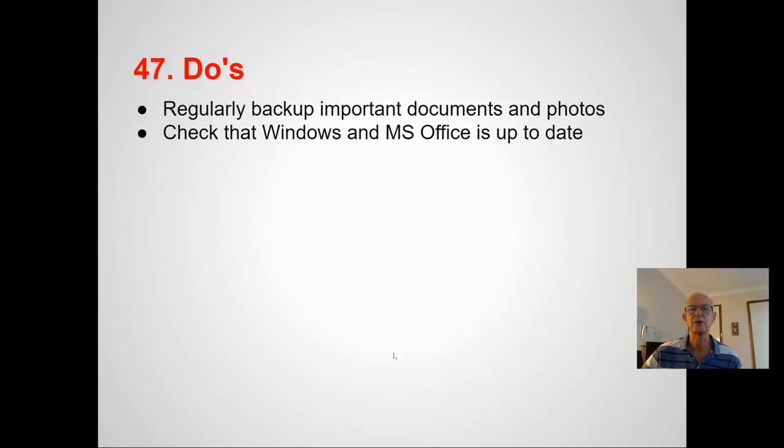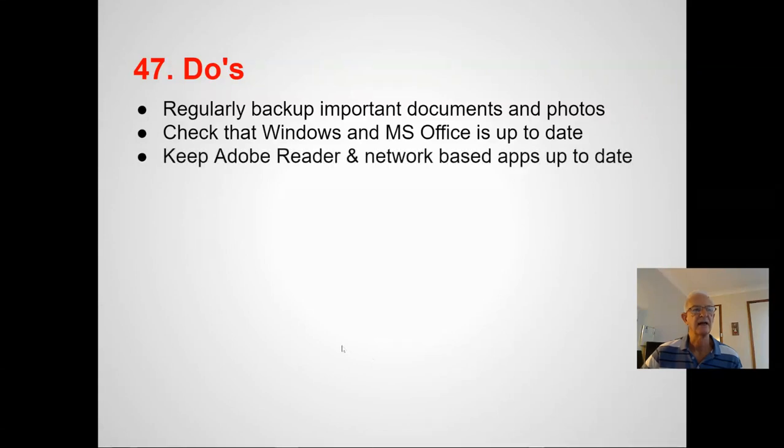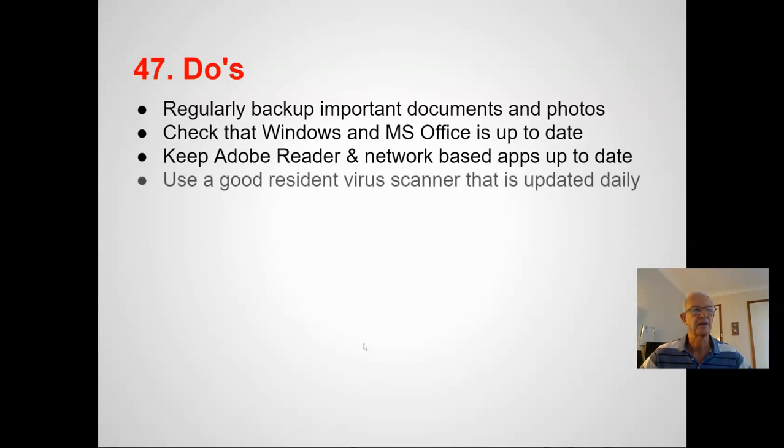So when a weakness or an opening is found in Windows or Office, then they issue a security patch that closes that opportunity. And the same goes for anything else that's talking on the internet, anything like Adobe Reader and other network-based apps that you use. For example, browsers is obviously the main internet-facing app.